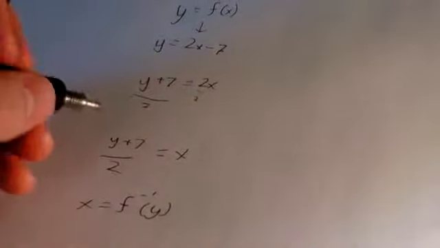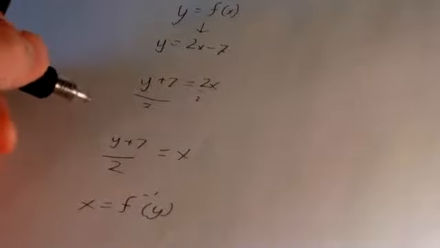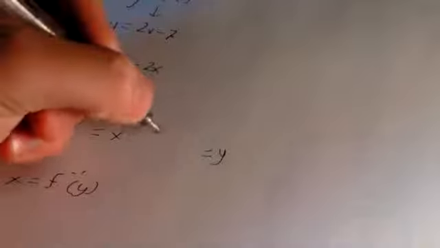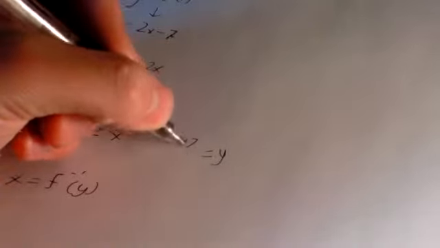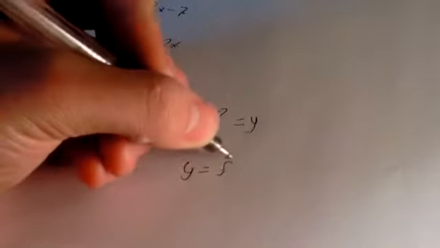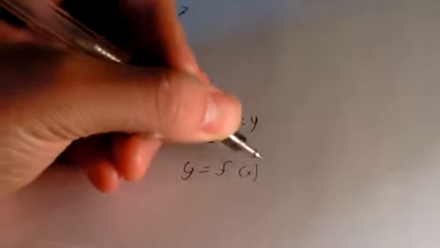Alright, now all we need to do is switch the variables x and y. Well, that's easy. Instead of x equals, we have y equals, and then x plus 7 instead of y plus 7, over 2. And that gives us y as an inverse function of x.